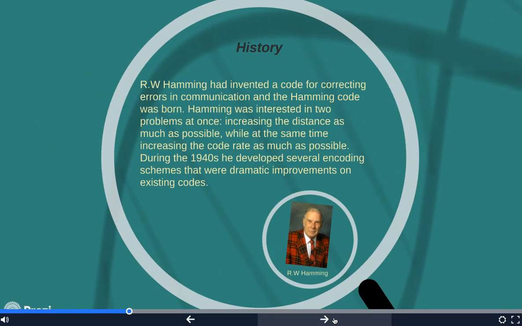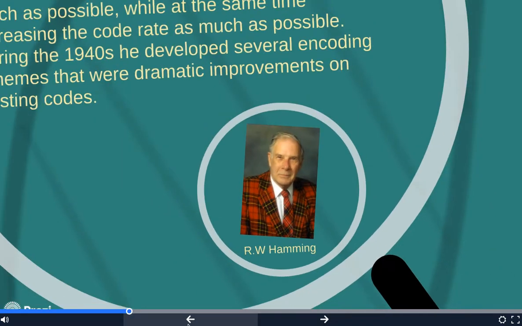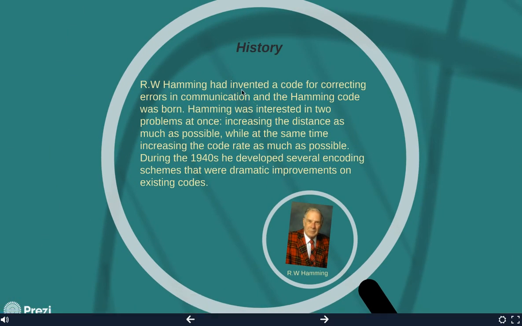The history of Hamming codes: as I mentioned before, it was created by Richard Wesley Hamming, who was inventing a code for correcting errors in communication, and the Hamming code was born.